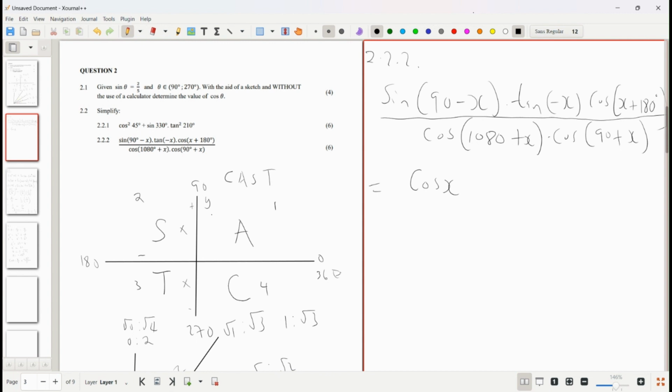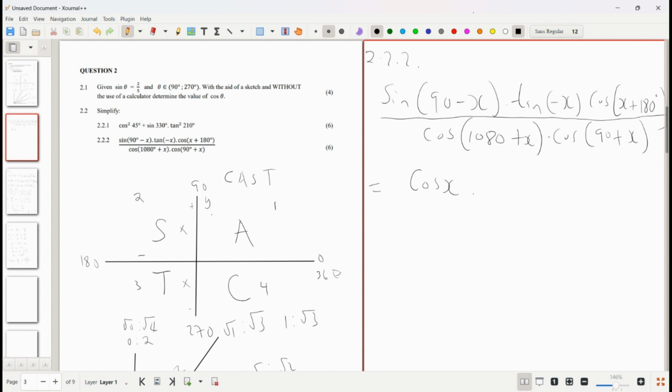So if we check, the next one is tan negative x. Normally tan x is somewhere here in the first quadrant. But if it's tan negative x, it goes to the fourth quadrant now. Will tan be positive or negative in the fourth quadrant? It will be negative. Why? Because in the fourth quadrant, only cos is positive.